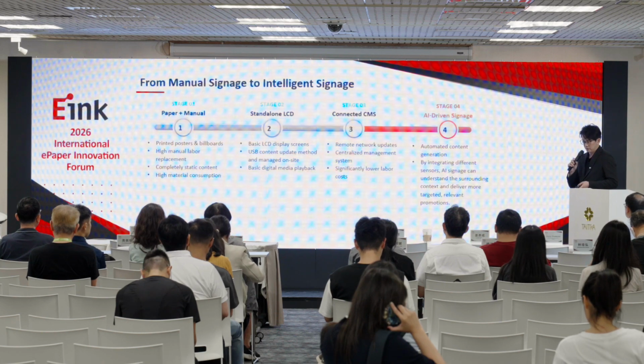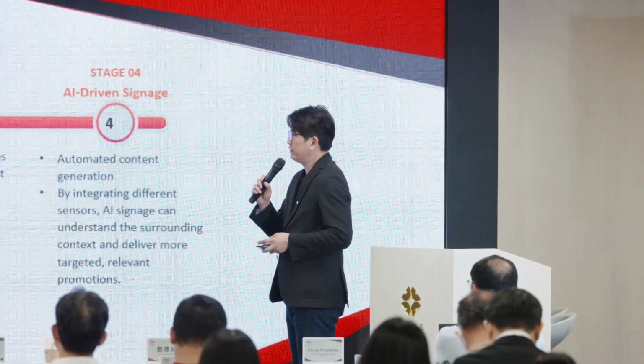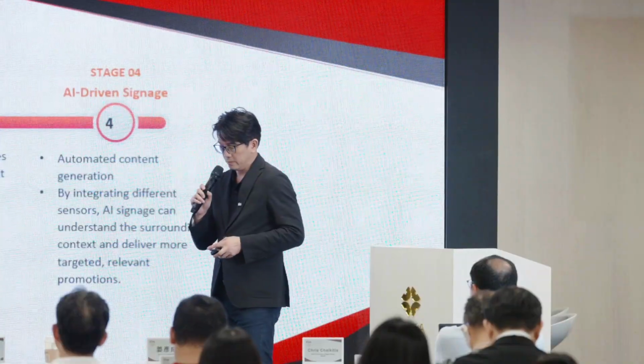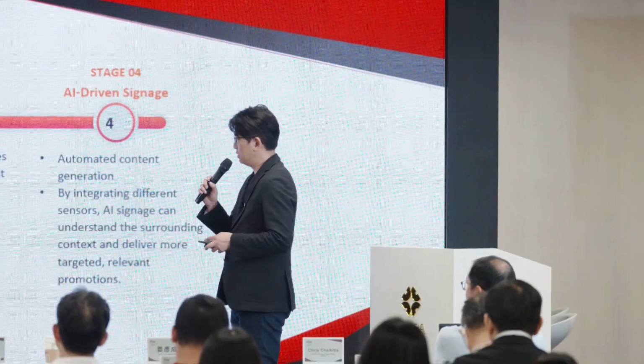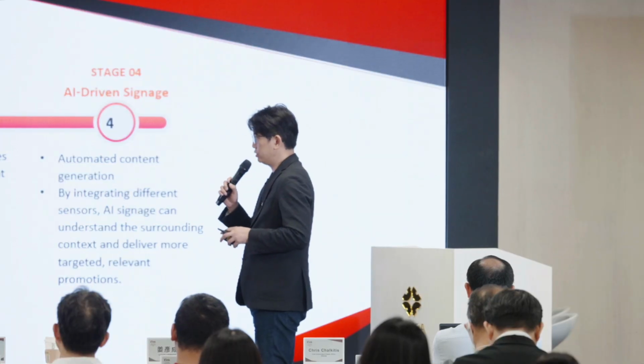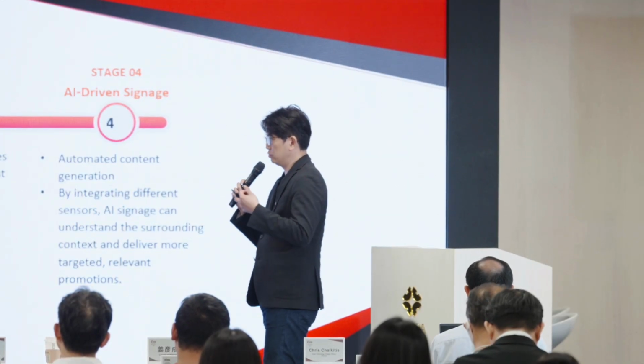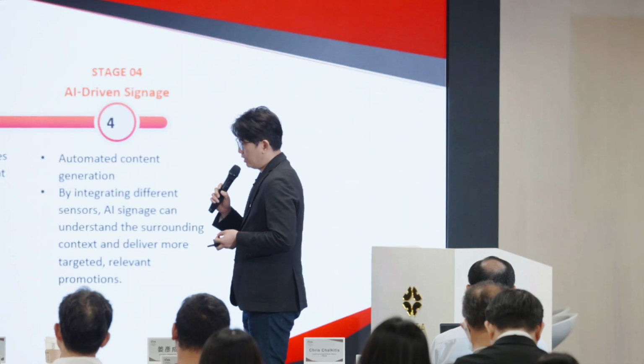So let's start by looking at the evolution of signage. In stage one, a decade ago, most signage used paper. You print a lot of paper and use manual work to change the contents.